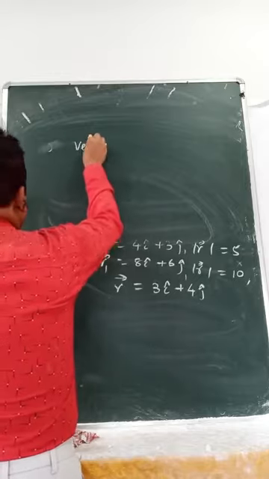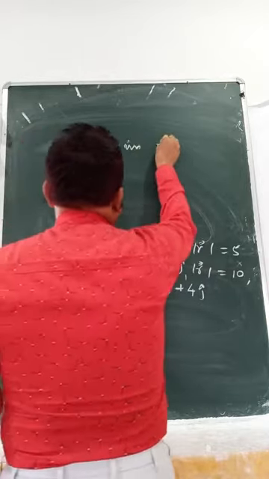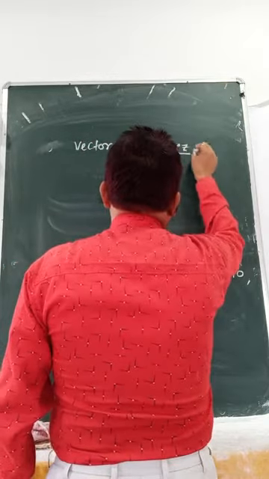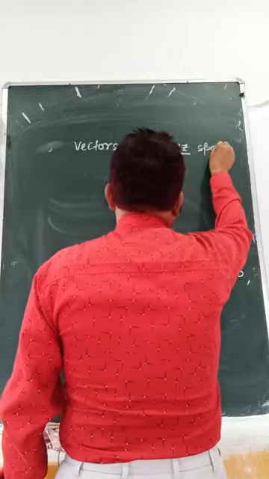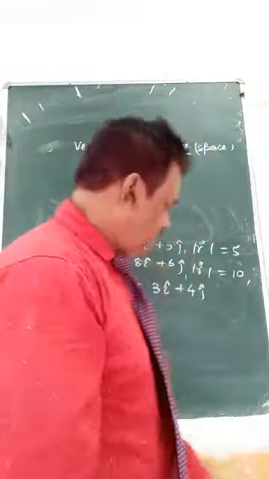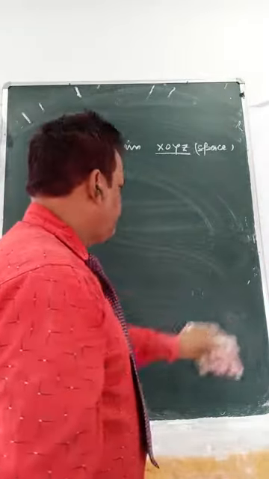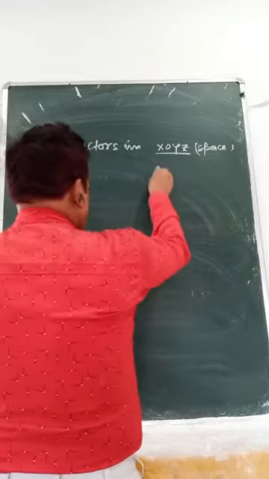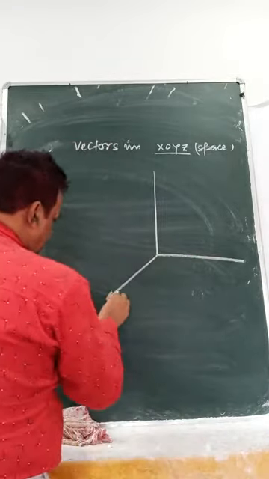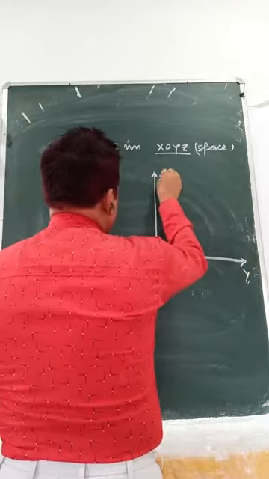Vector, say x, o, y, z space it is, not plane. So in a similar way, what you have to do? I have taken here x axis, y axis, z axis.